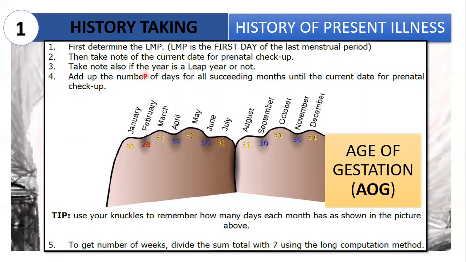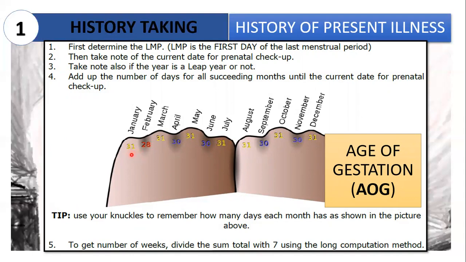Then we add up the number of days for all the succeeding months until the current date of prenatal checkup. As a tip, you should use your knuckles to remember how many days each month has, as shown in this picture.